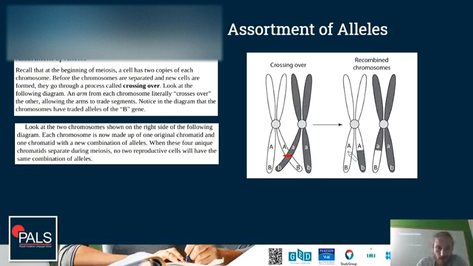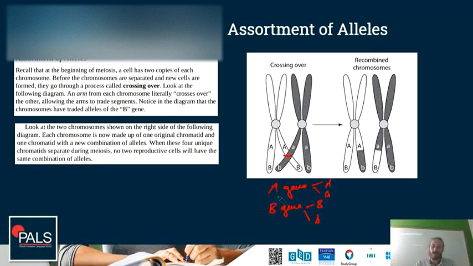So these letters represent alleles, and we have two genes here. We have the A gene and we have the B gene, and both of them have two different alleles. We have capital A allele and lowercase a allele, and we have capital B allele and lowercase b allele.